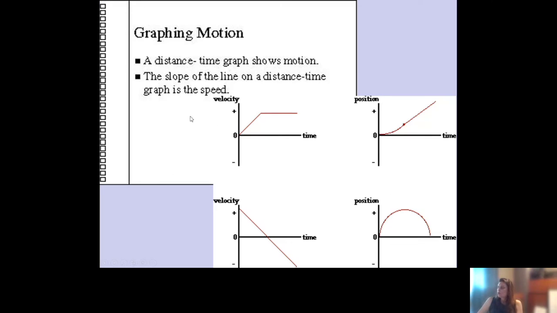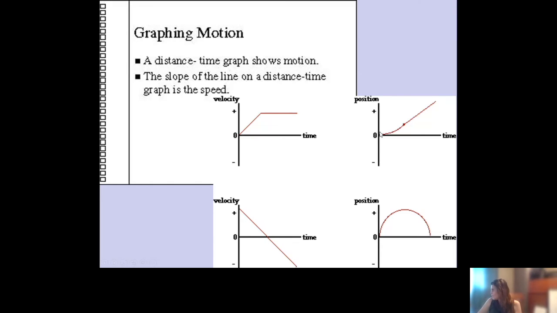Okay. When you see a distance versus time graph, a motion graph, you always look at the axes. And here are two examples of a distance time graph and a velocity or speed time graph. The only difference between velocity and speed is direction. So everything is the same about both these graphs except for that part right there.